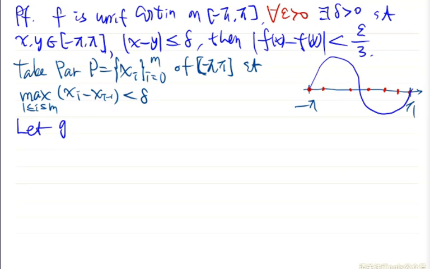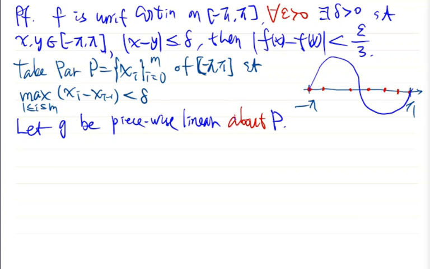Let g be the piecewise linear function determined by the partition P, which means g is the function whose graph is... maybe I will ignore the small red dots.